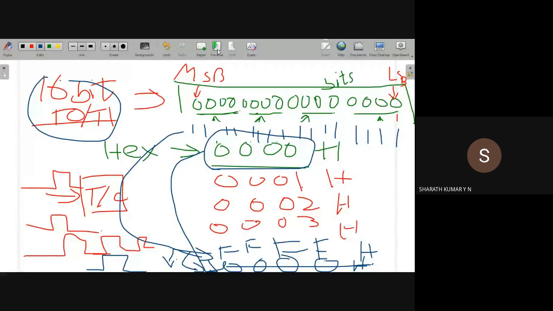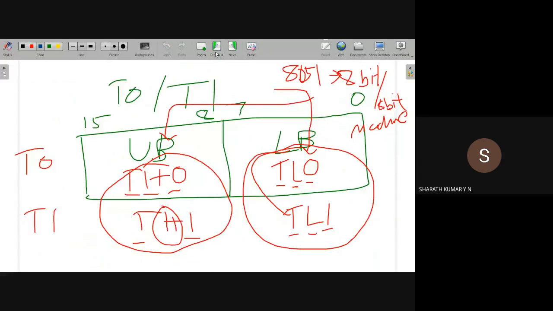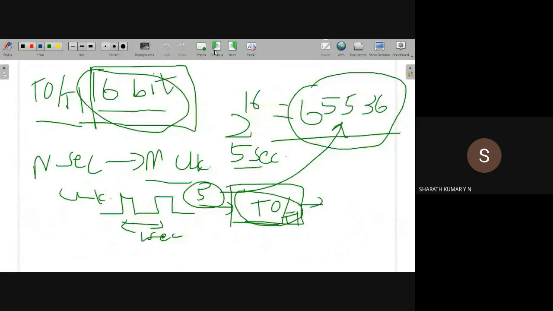In the previous slide, we understood that the timer or counter is generating a 5-second delay. Let us say I want to generate a continuous 5-second delay. First it should start the count. For example, let's say there is a clock pulse with a time period of 1 second.